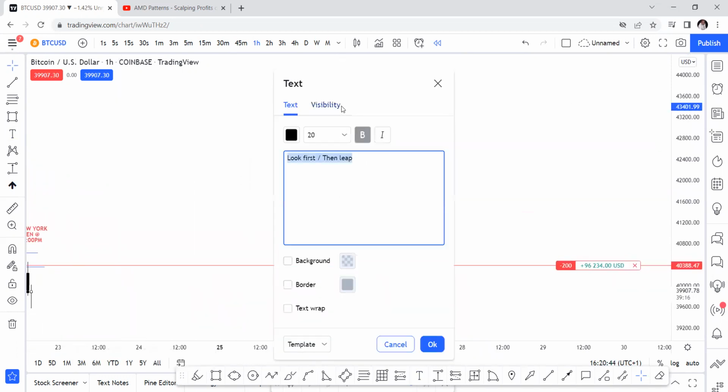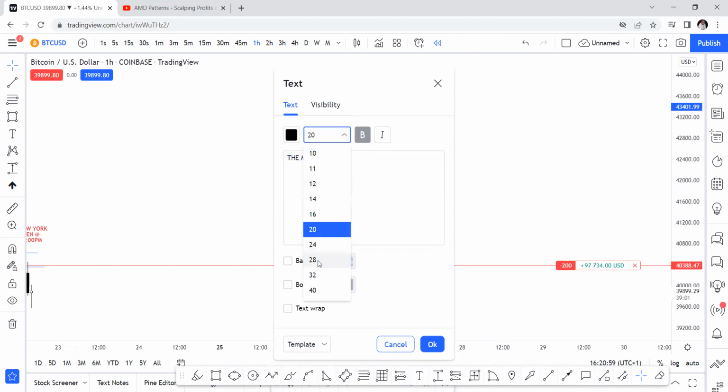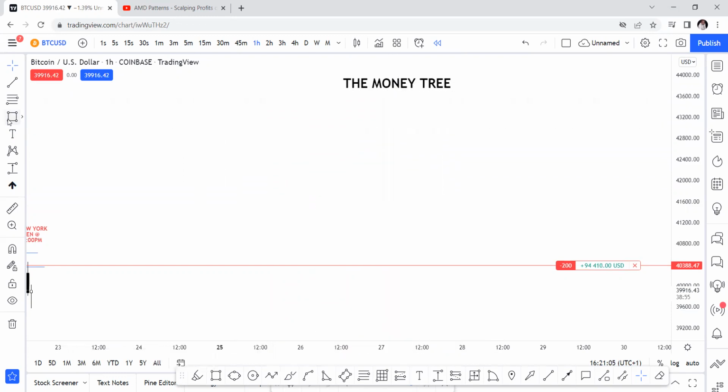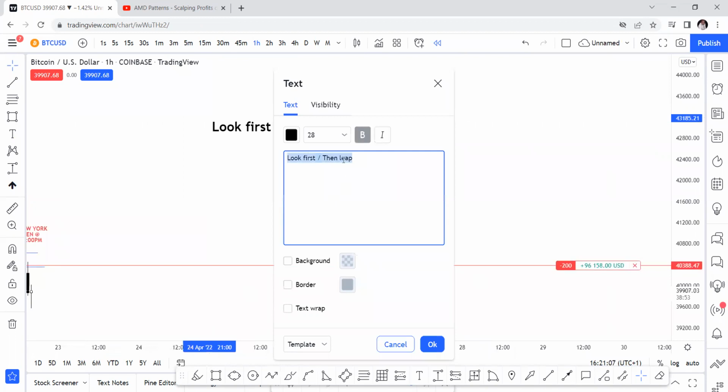Three things to follow. What are these three things? This is the money tree. Trading opening range breakout.